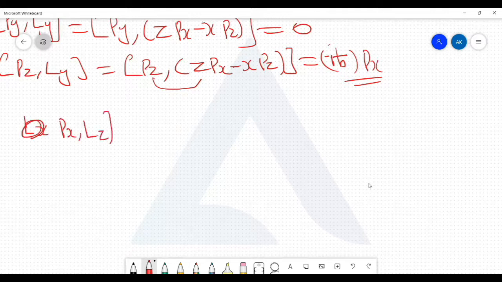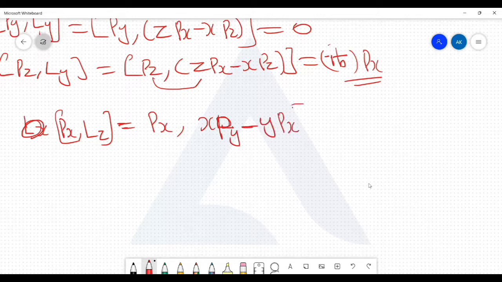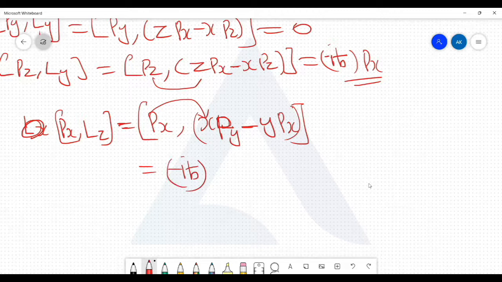Px Lz. This is px. What is your Lz? x py minus y px. That is your Lz. Px non-vanishing with x, that term is there, therefore minus iħ cross py.